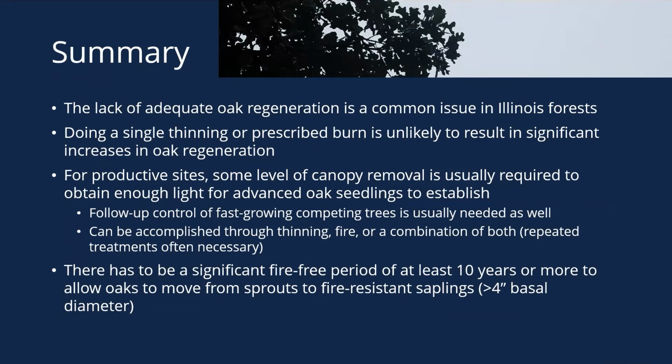Especially on those productive sites, you usually have to do some level of canopy removal and combine that with thinning or fire or both. And then if you are using fire, you're going to have some level of a fire-free period, maybe 10 years or more, to allow those oaks to grow up into that 4-inch basal diameter size or larger so that they can start surviving fire before you bring fire back onto the landscape.